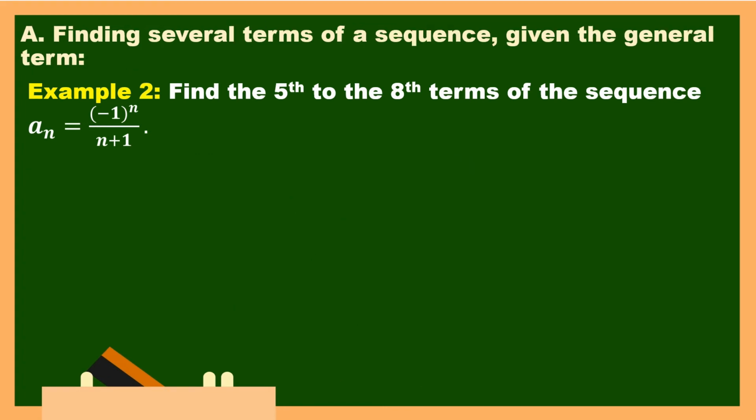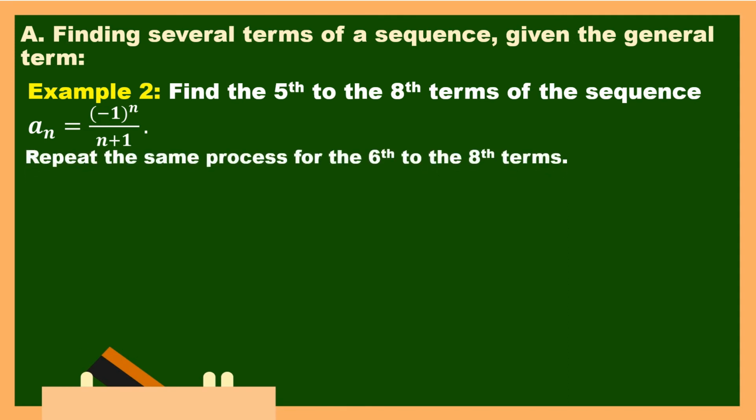And for the 6th to the 8th terms, we will just repeat the same process that we do in the fifth term. So, ngayon, para makuha ang 6th term, we will now let n equal 6 at isa-substitute ito doon sa given na general term.